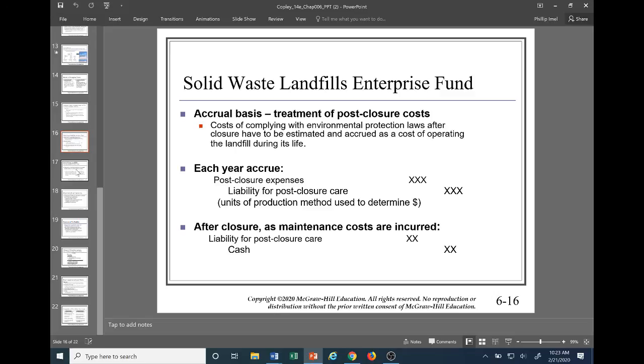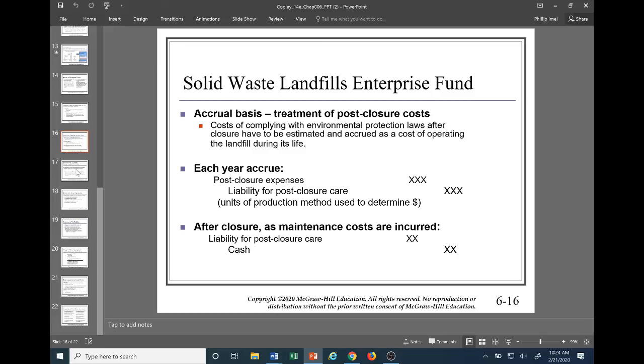So let's just say the cost is $10, and we expect to get 100 units out of it. So it's 10 divided by 100, times, say we produce 5, times 5. That's going to give us our amount for the post-closure expense.